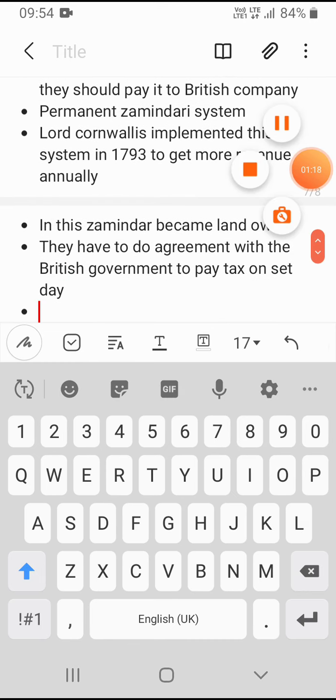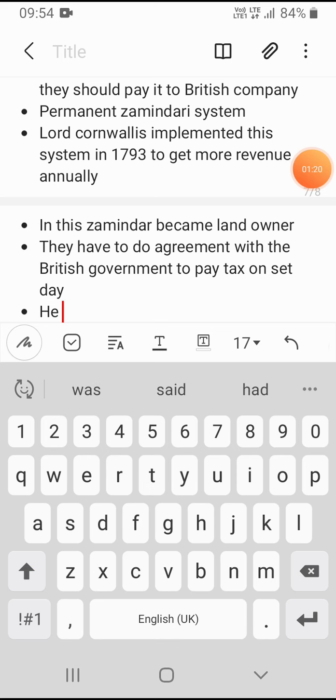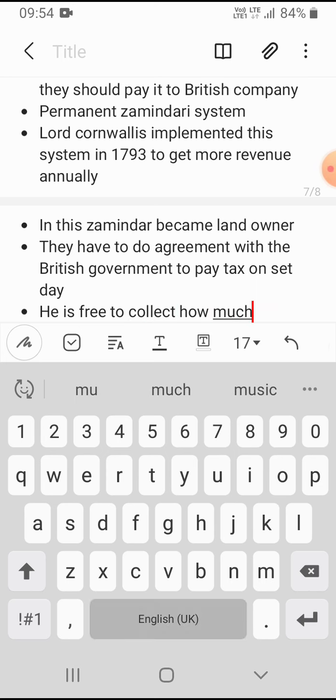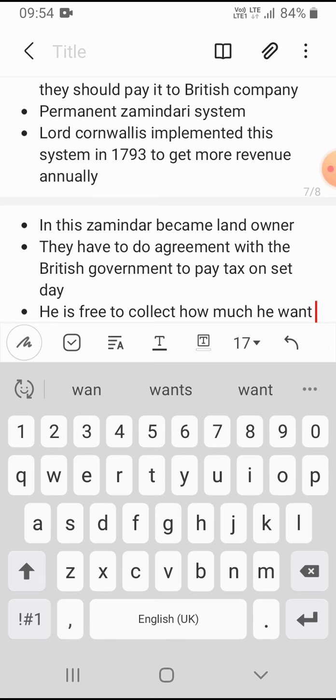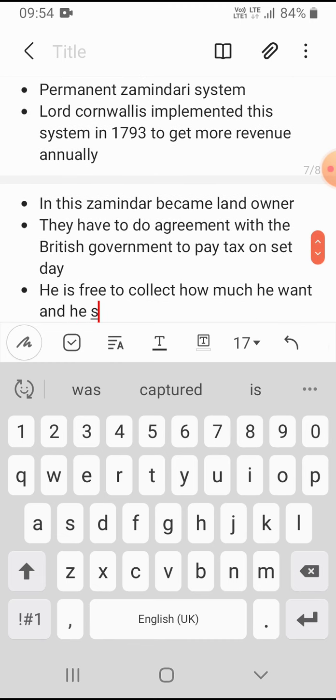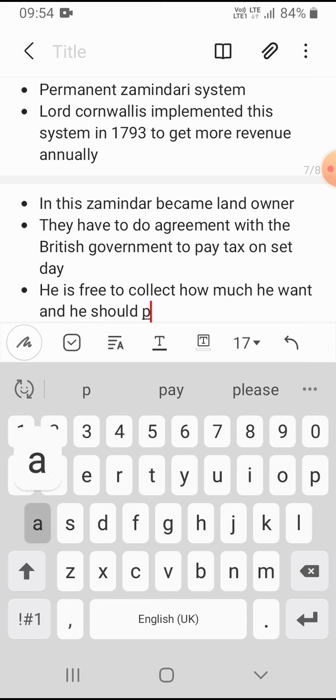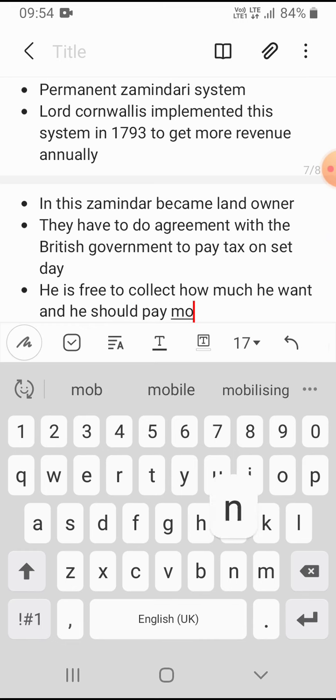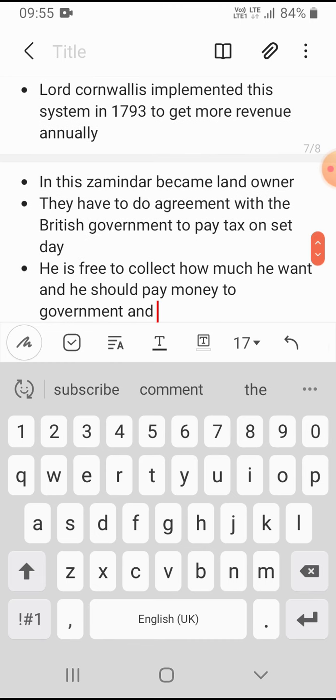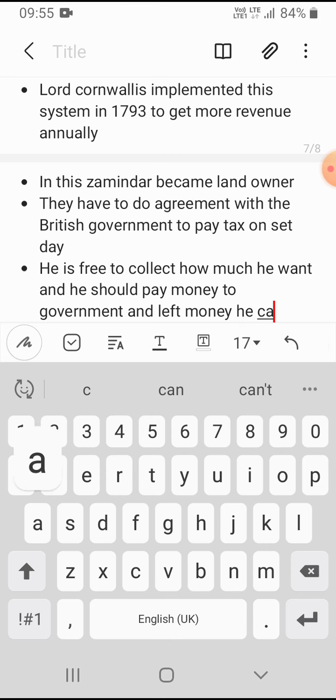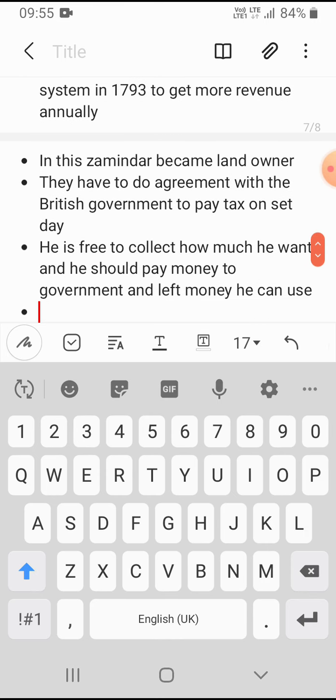He is free to collect as much money as he wants, and he should pay the money to the government, and the left money he can use.